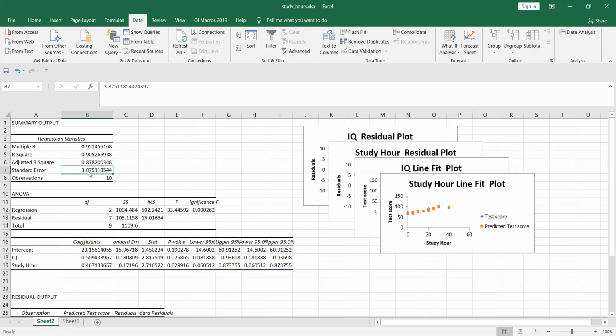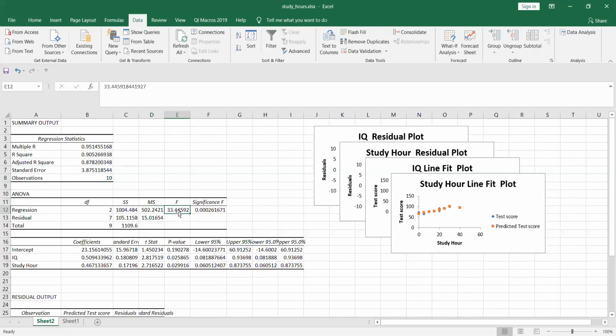So 3.8, which is pretty marginal, and the number of observations. Similarly, this is the ANOVA analysis, sum of squares. Then we have taken the ratio of sum of squares with degrees of freedom. Significance F value is 0.02. This is the null hypothesis value, that is 33.44. And these are the residual values.